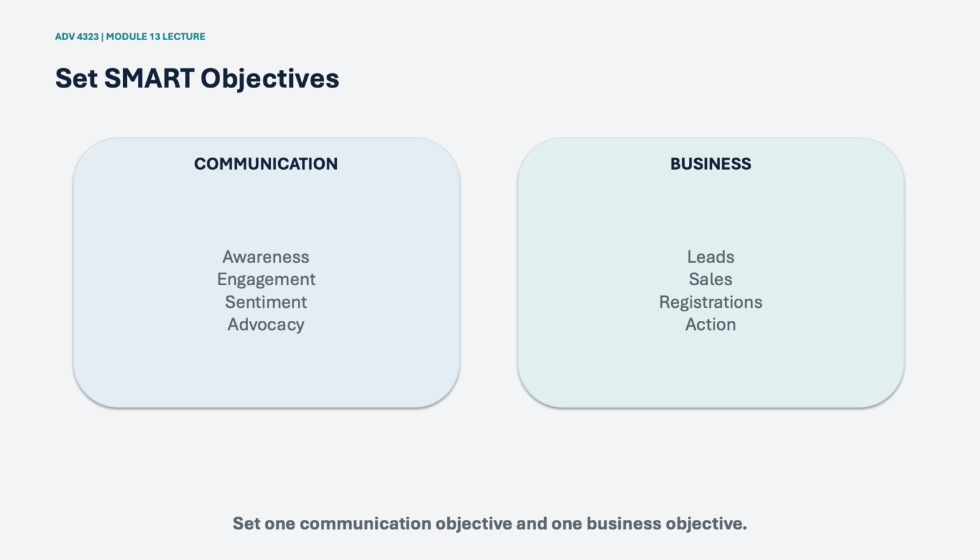A business objective might focus on leads, sales, registrations, or another meaningful organizational action. The important thing is that your objectives are specific, measurable, achievable, relevant, and time based. And also that they connect to the social media strategy you're proposing.